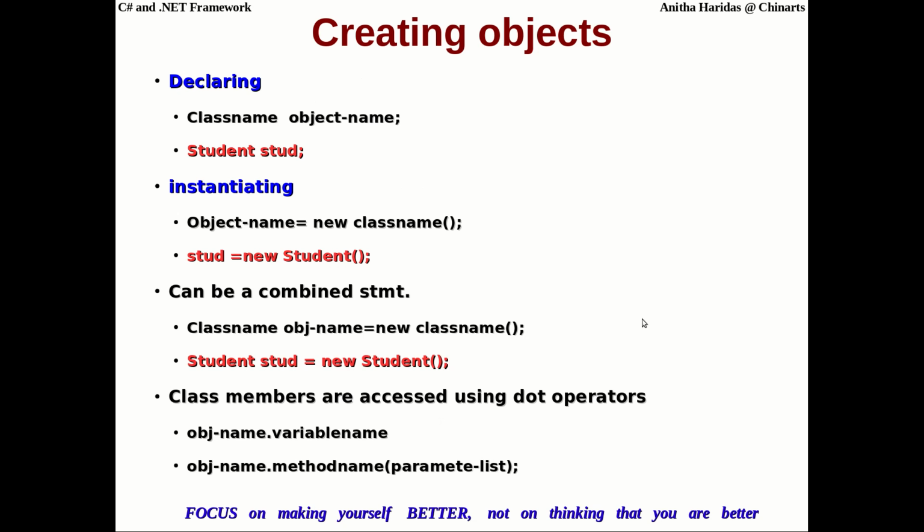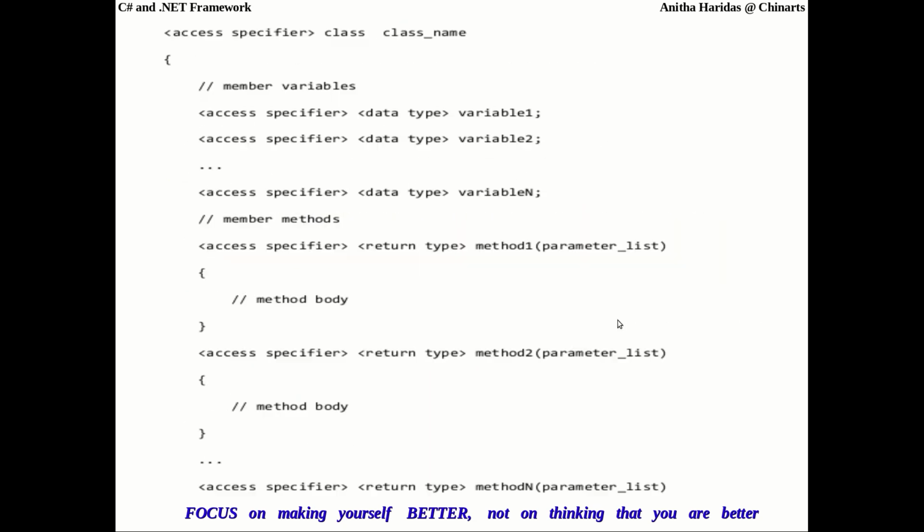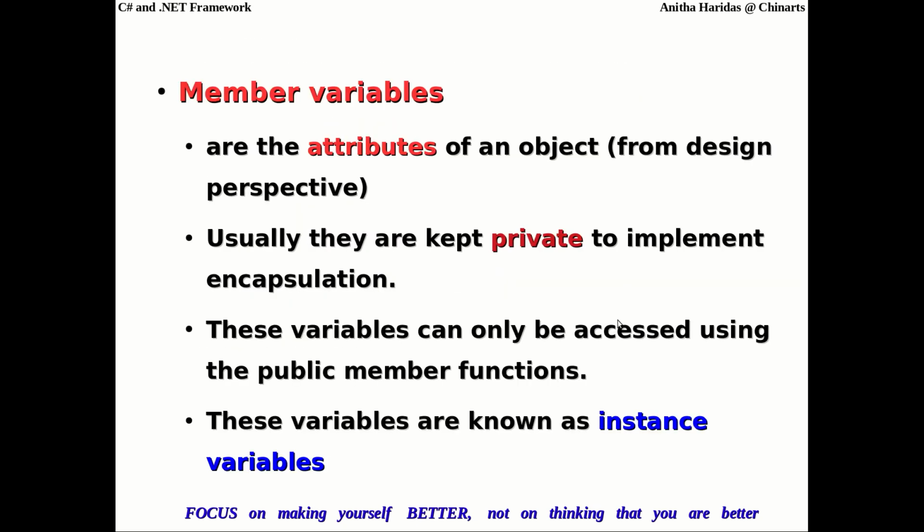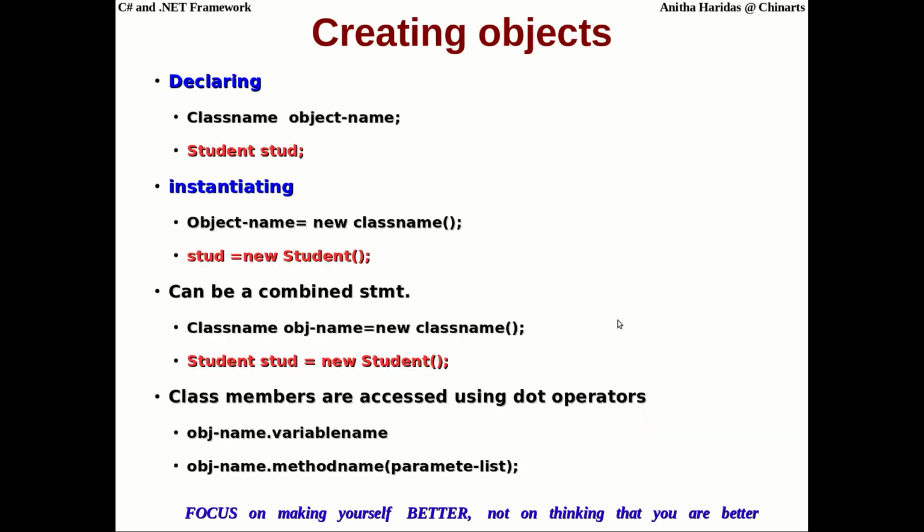These are the different types of members that will be available in a class. So that is the basic introduction about what is a class, how to define a class, and what are the member variables of the class. Next, let us see how to create an object. If you want to create an object, you are going to declare it, then you have to instantiate the object. Declaring and instantiating.